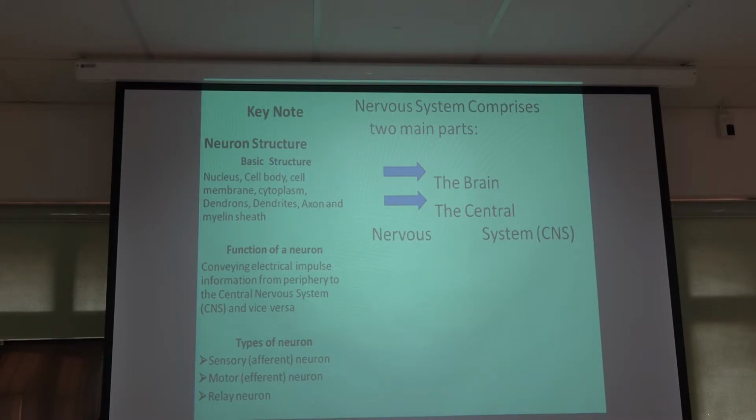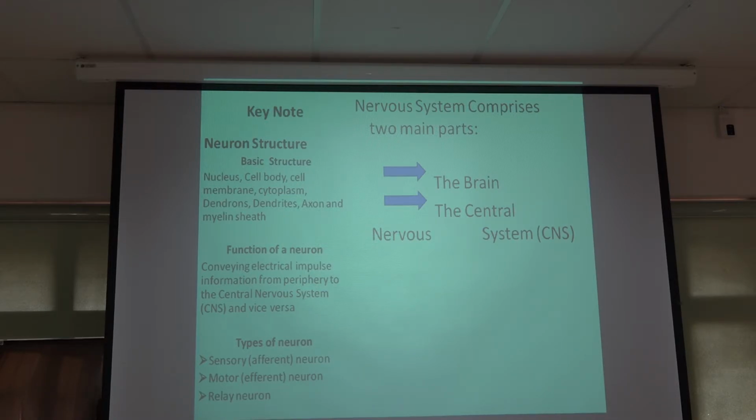The sensory neurons are the neurons that convey messages from different parts of the body to the spinal cord, and eventually this information reaches the brain and vice versa. So the sensory neurons are the response position for the sense organs. So you find the sensory neurons for touch, smell, vision, and so on.